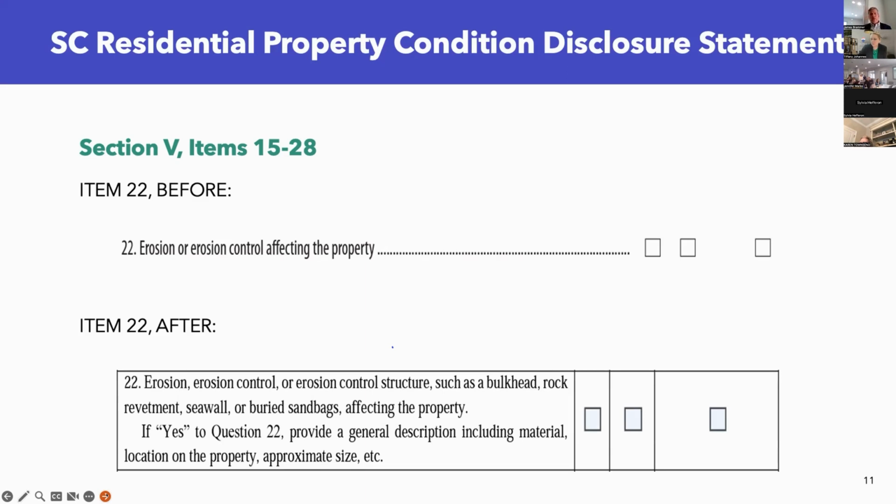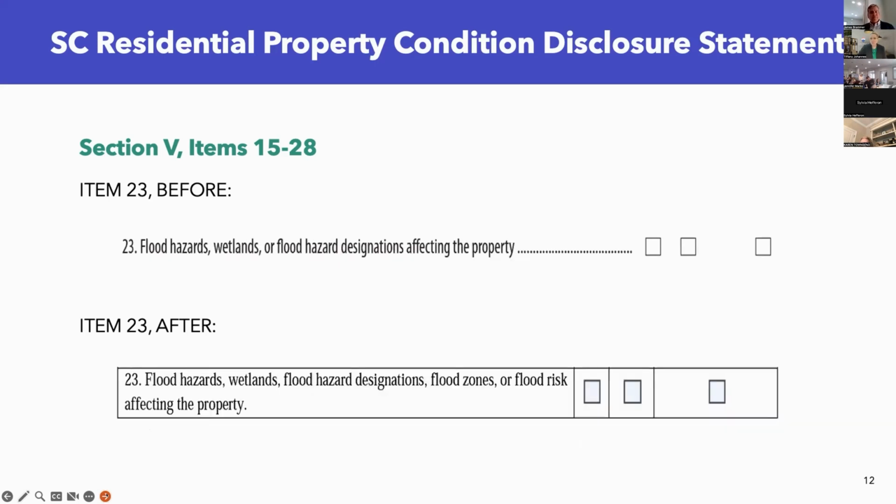A seawall, buried sandbags, any of that affecting the property. All of that, I imagine, falls under the heading of protecting a shoreline. Okay, because we're talking about erosion here. So all of that deals with a shoreline, right down to the approximate size, because some of that shoreline control is underwater and not immediately visible. Sometimes that's the case.